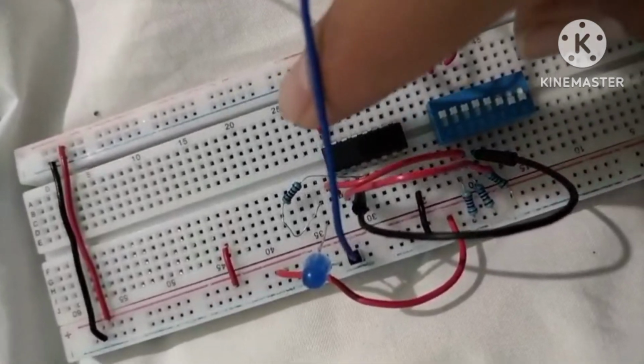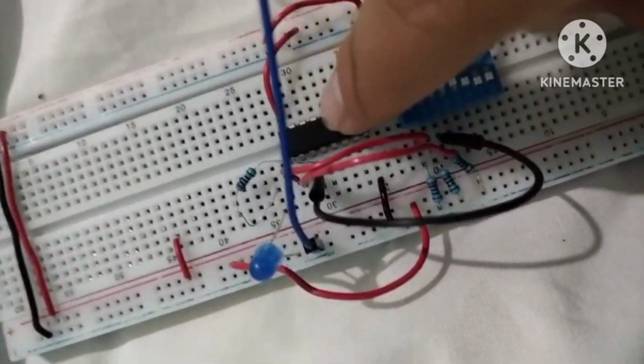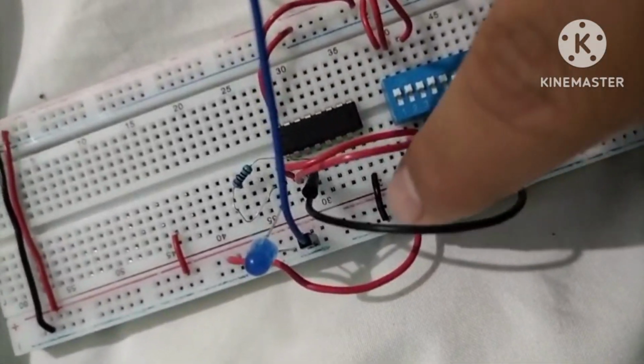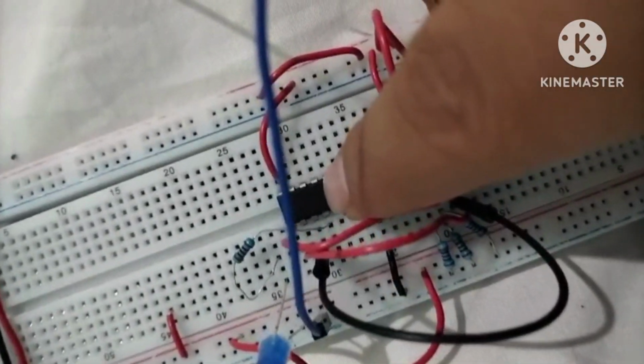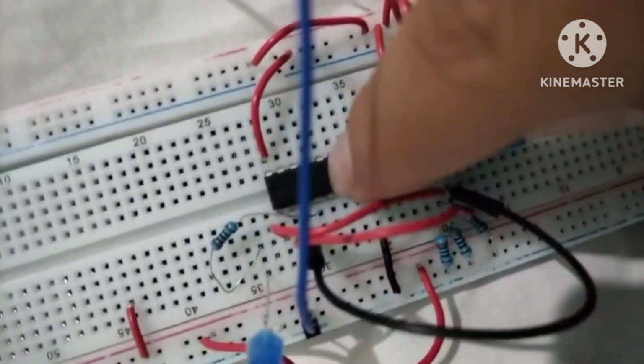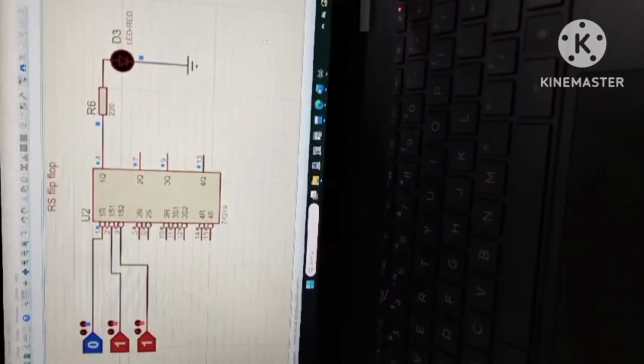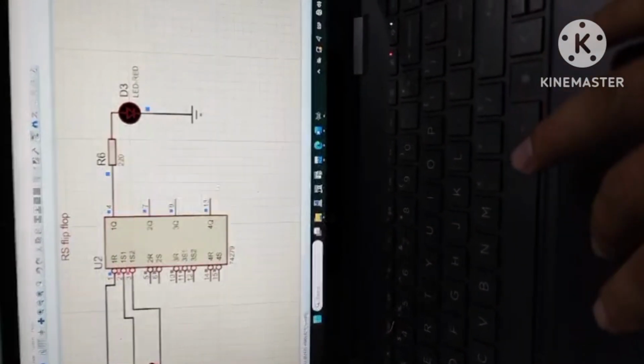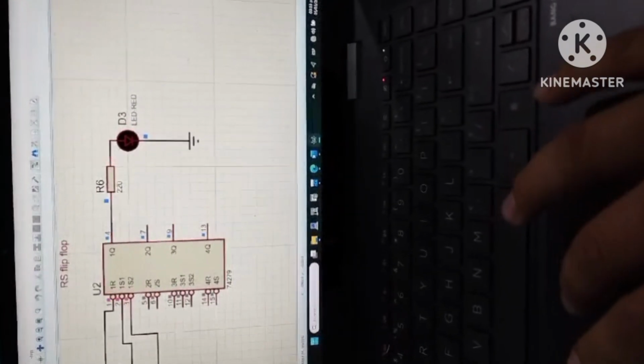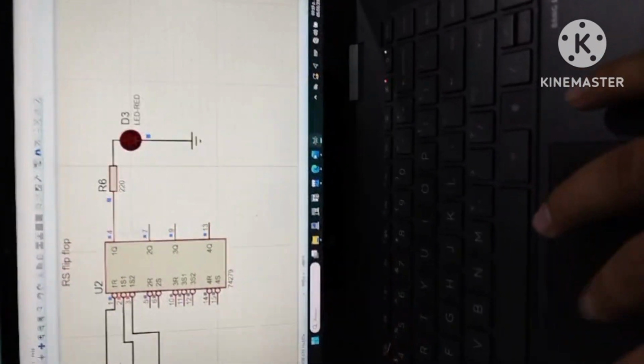Before that, we need to give voltage and connect grounds to the flip-flop.